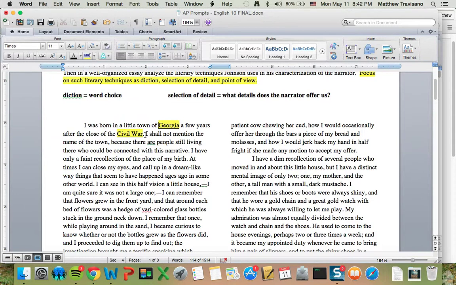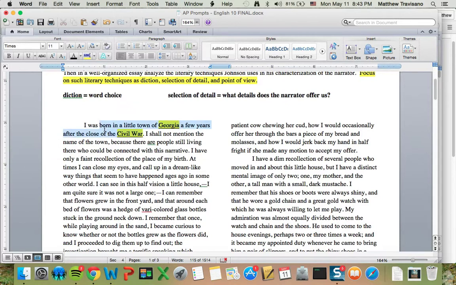So if you're answering the question, how does selection of detail add to the characterization of the narrator? We now know this narrator is very aware of history and very interested in geography, specifically where he was born, and wants us to know that he had to deal, most likely, right off the bat, with the worst of the worst when it comes to prejudice.